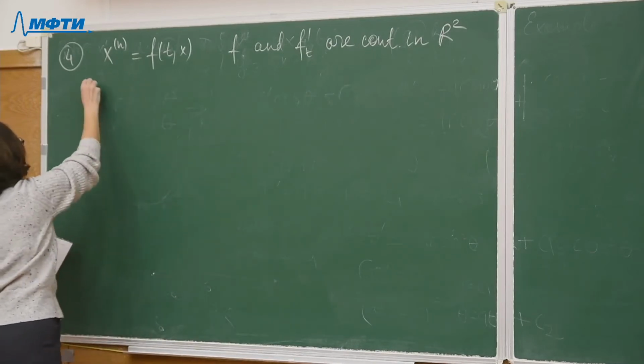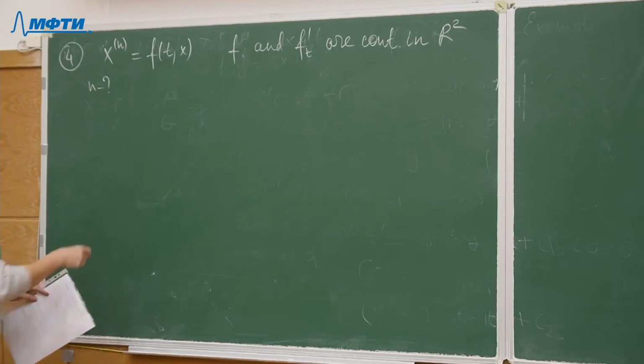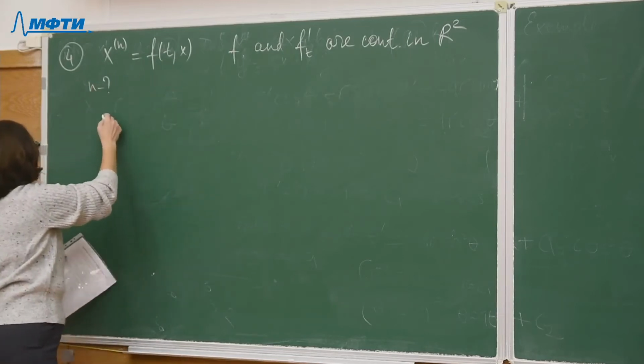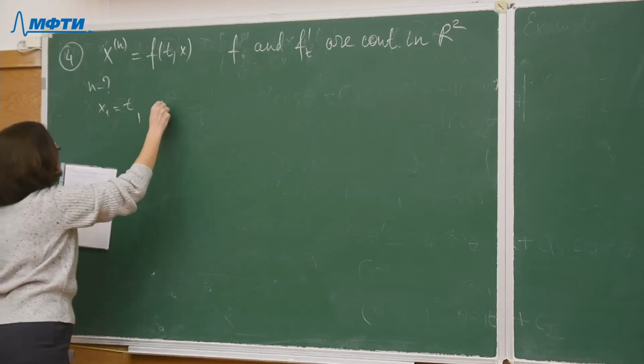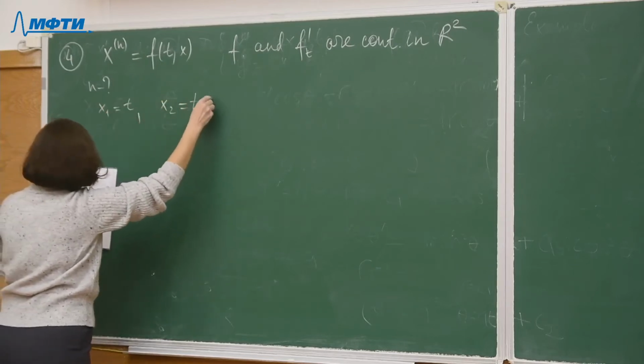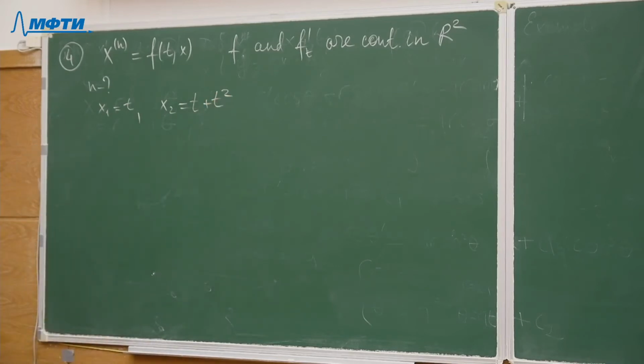So find n for which this equation has the following two solutions: x1 equals t, and x2 equals t plus t squared. There are two solutions.